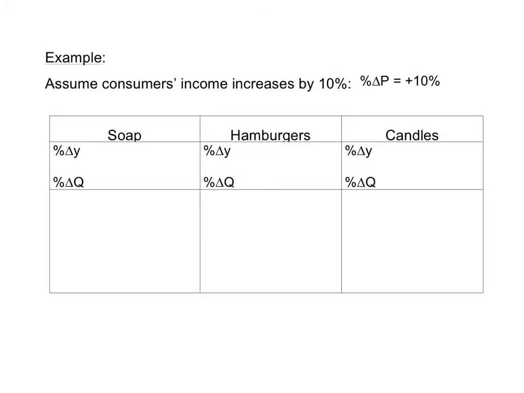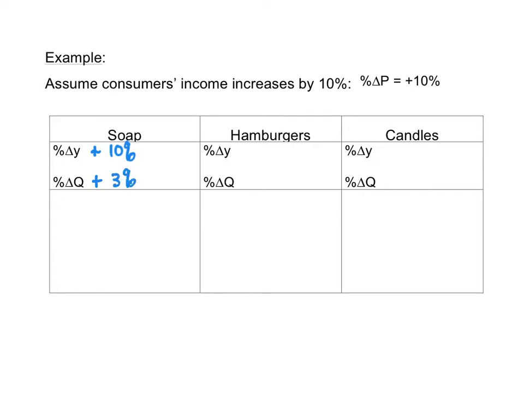We assume here that the consumers have had a 10% increase in income. Let's take a look at the case of soap. So the increase in income is 10%, and we'll assume here that there is an increase in the quantity demanded of soap of 3%.